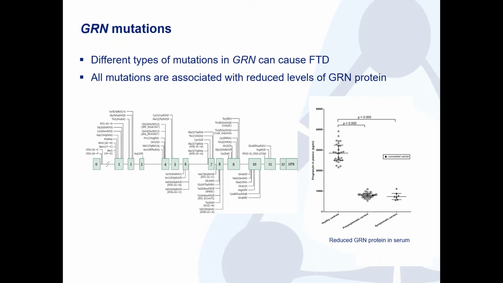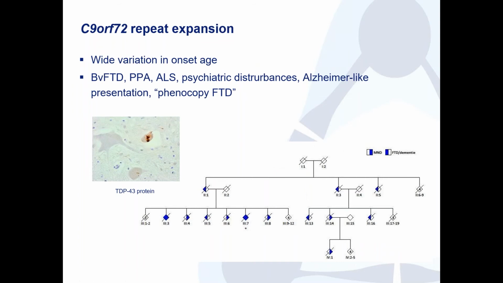Through many years, we found many different types of mutations in the same progranulin gene that can all cause FTD. What they all have in common is that when we look in the blood of these patients, there's a reduction of the so-called progranulin protein, and that's even in the pre-symptomatic stage. So before patients have symptoms, we can already measure this decreased progranulin protein.